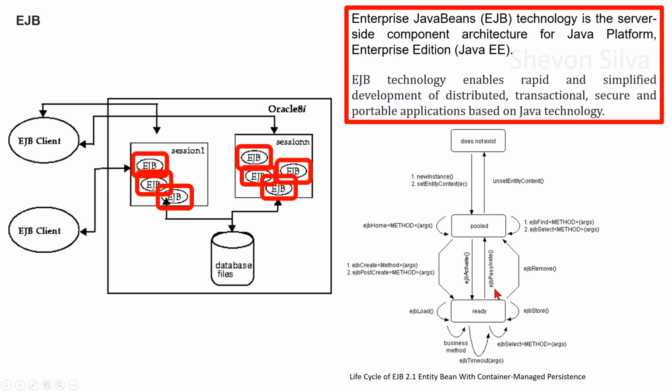To transition from the pooled state to the ready state, the following occurs for the previously passivated entity bean. The ejbActivate method is invoked.